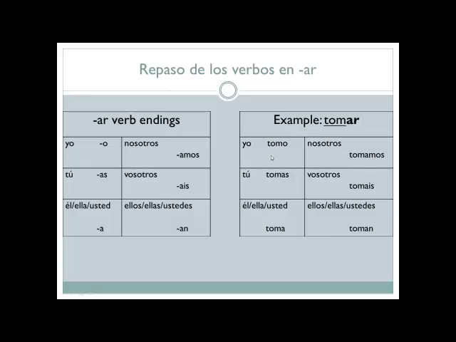So in the conjugated forms of tomar, which means to take, yo tomo, tú tomas, él, ella, usted toma, nosotros tomamos, vosotros tomáis, ellos, ellas, ustedes toman. So you'll notice we took the stem, the TOM, we removed the ending, the AR infinitive ending, and we replaced that with the ending that corresponds to each of the subjects.